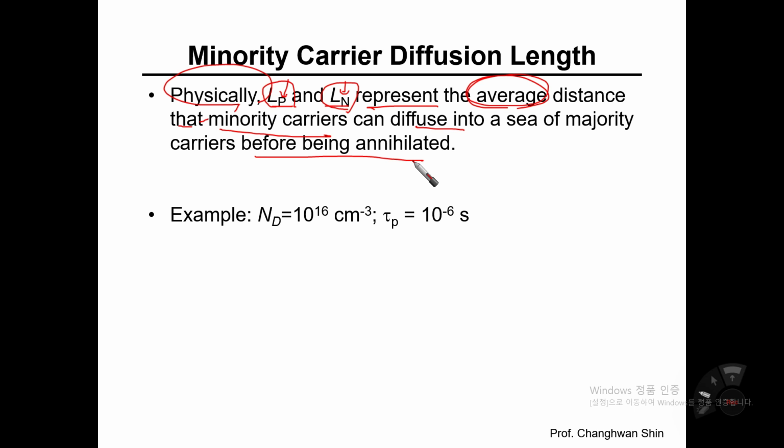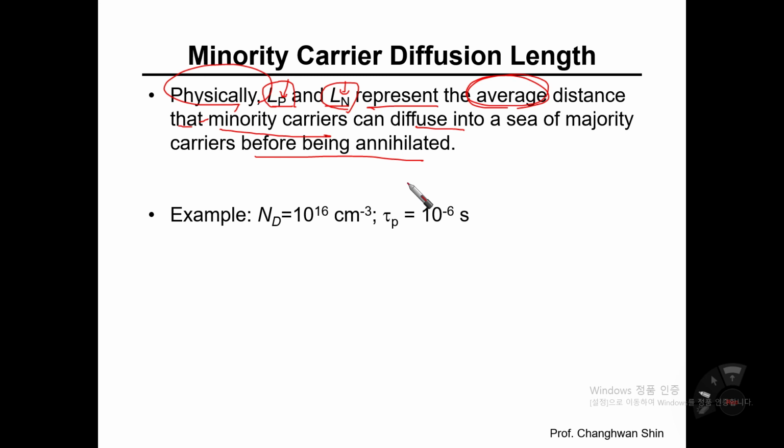So before being recombined with majority carriers, how far on average can the minority carriers move? Lp or Ln is the main indicator to explain how far the minority carriers can move.